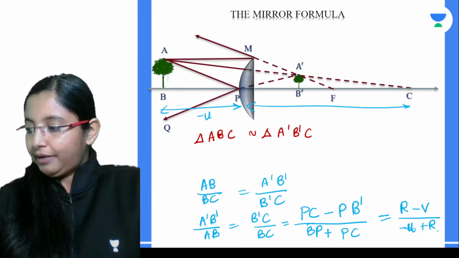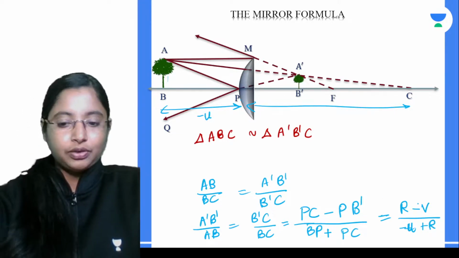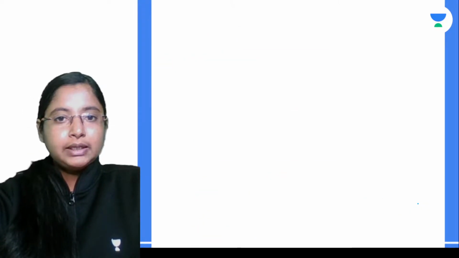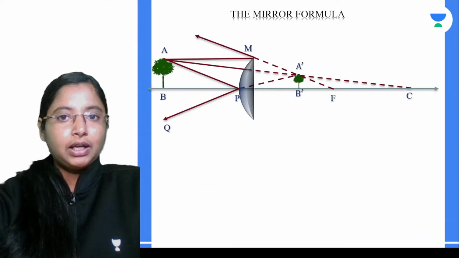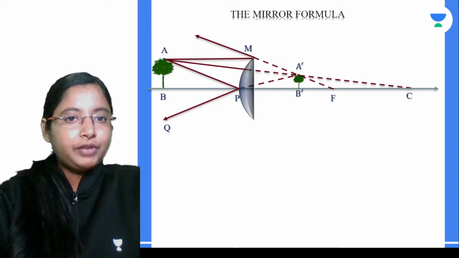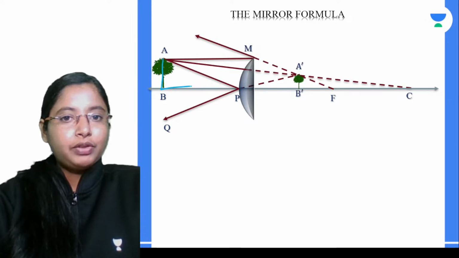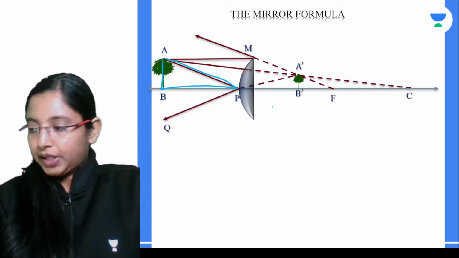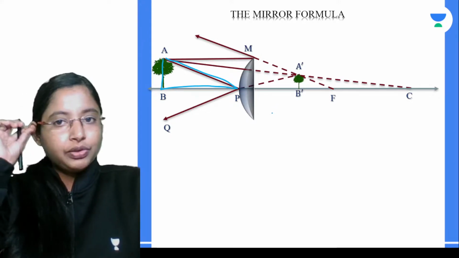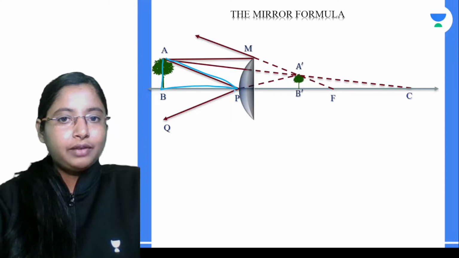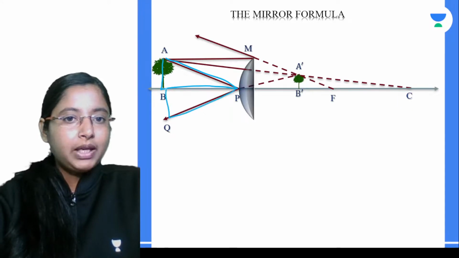Now we have two expressions over here. Similarly, we are going to take one more triangle, similar to this. That is, we are going to take AB with respect to P over here. Another triangle we are going to take is ABQ over here. Why?